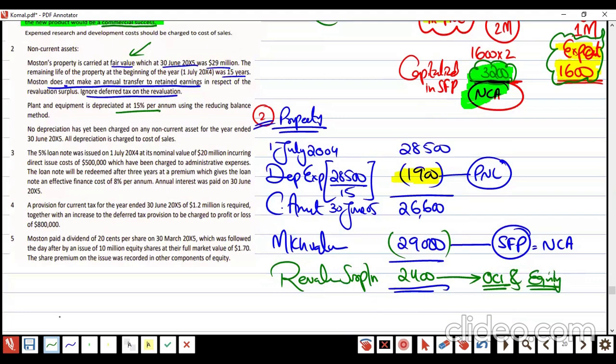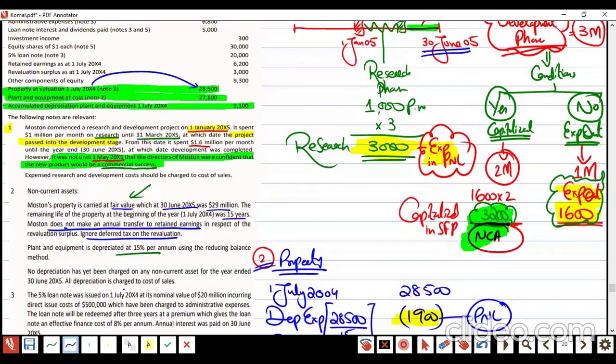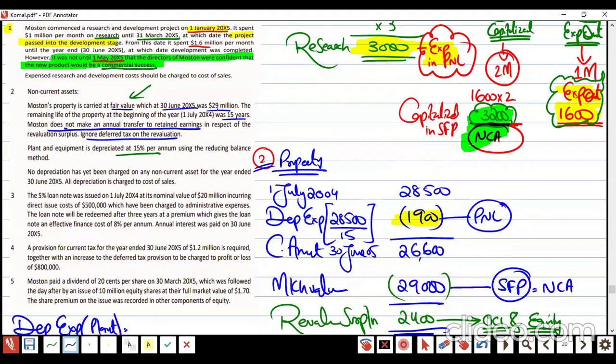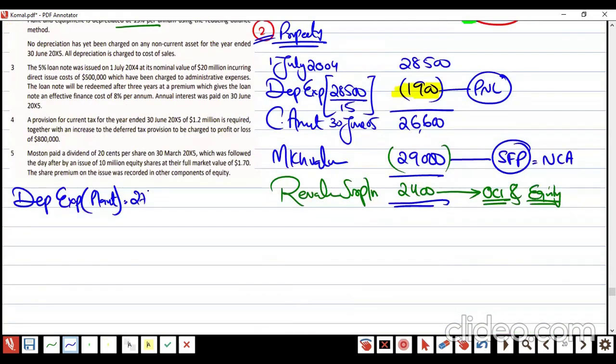And the plant, very easy. They said 15% reducing balance. So what we need, we are making the income statement here now, so for the plant, I will compute just the depreciation. What is the value of the plant? It is this much, and that is the accumulated depreciation. So 27,100 minus 9,100.